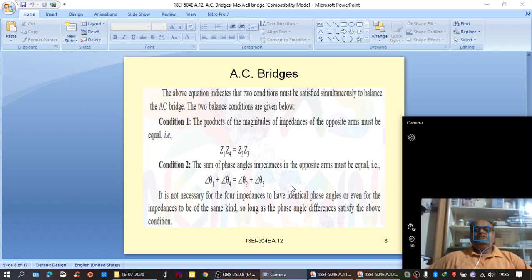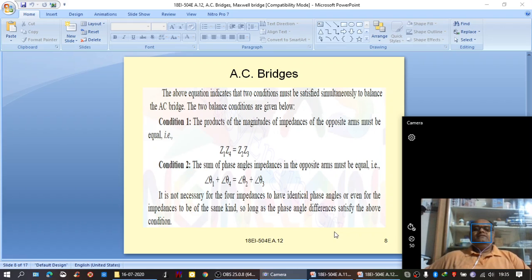That is, Z1 Z4 should be equal to Z2 Z3. The second condition is that the sum of the phase angles of impedances in the opposite arms must be equal. That is, theta 1 plus theta 4 is equal to theta 2 plus theta 3.